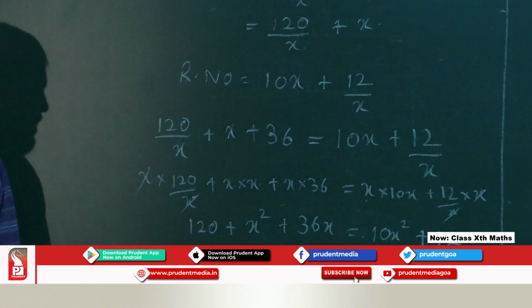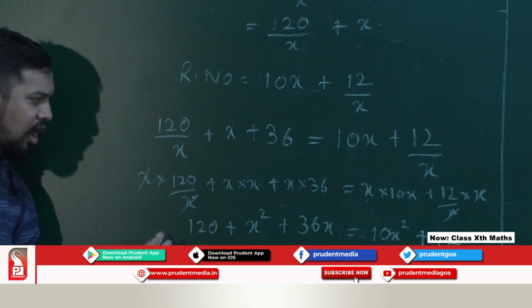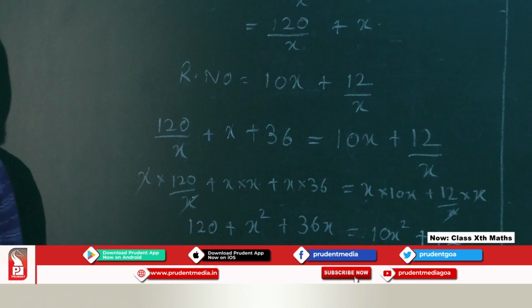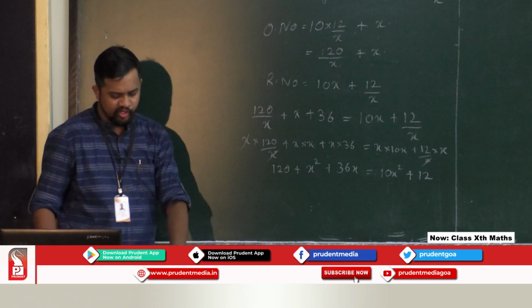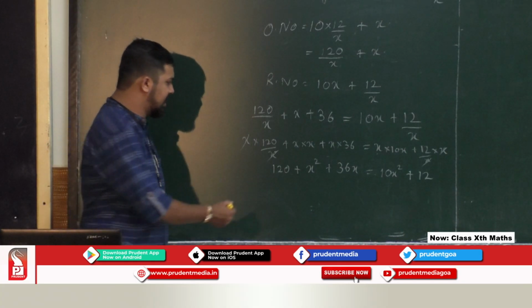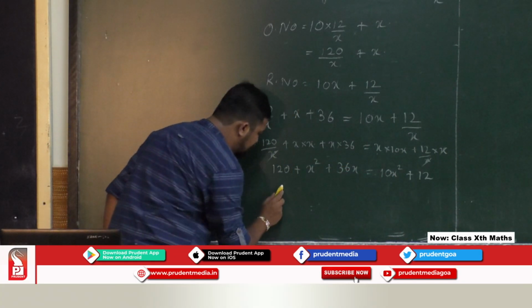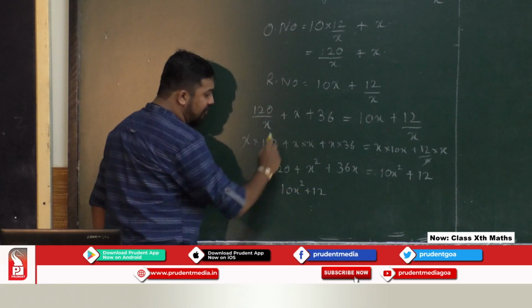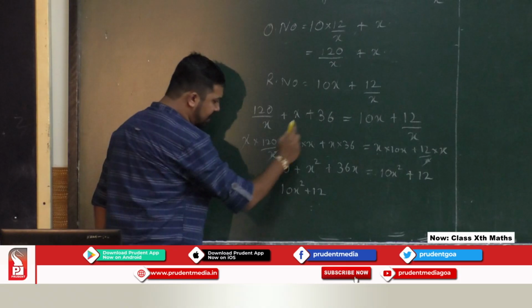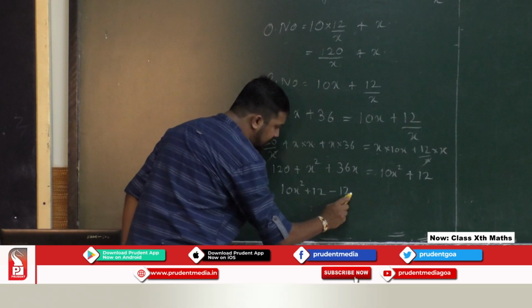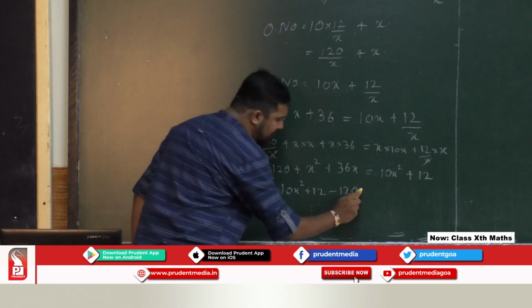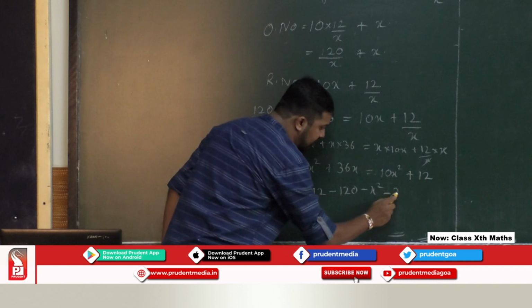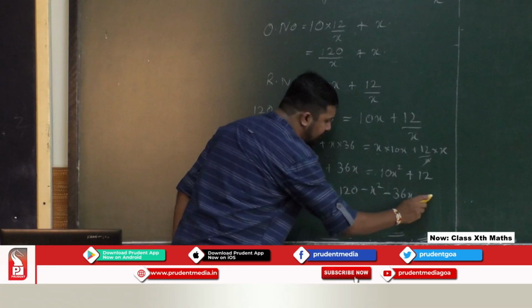Now I will take all these terms on the other side, or I can bring them this side also, in order to get a perfect quadratic equation. So let us take all the terms this side. I am writing 10x square plus 12 first. Taking every term on this side: 120 minus 120, negative x square, negative 36x, equal to 0.